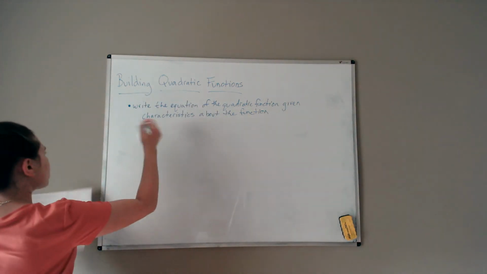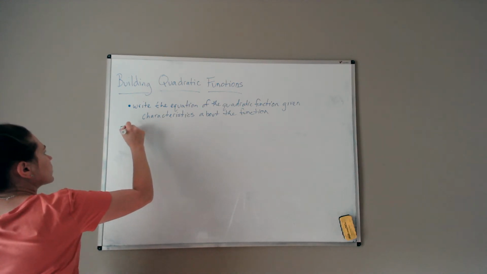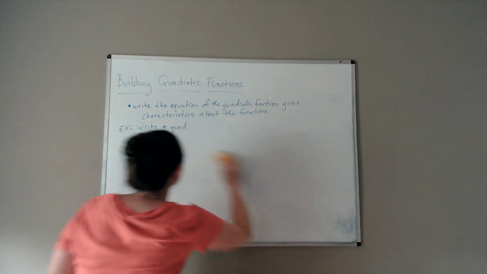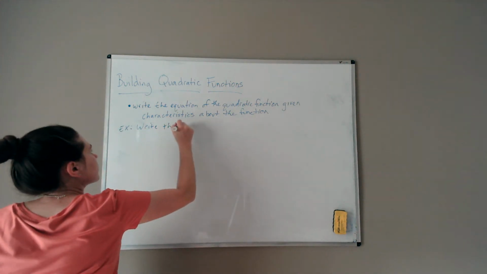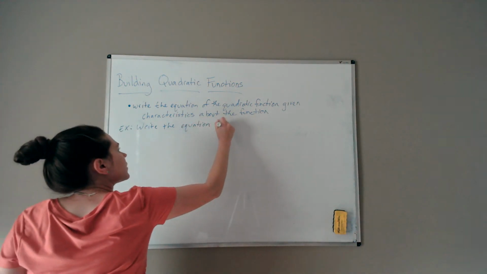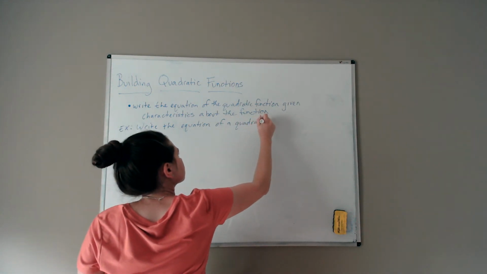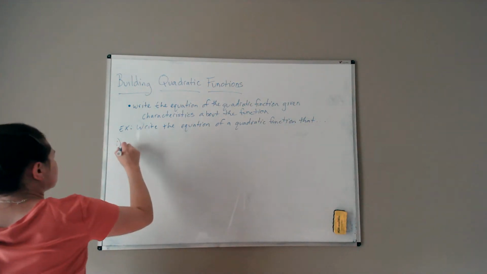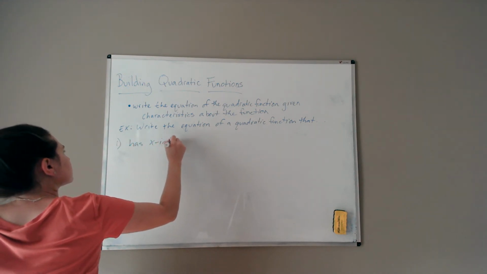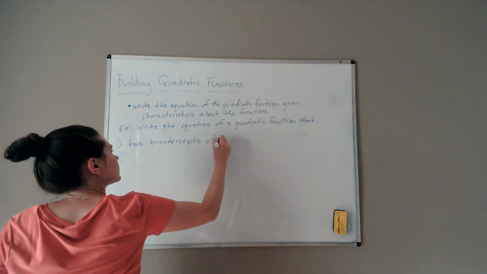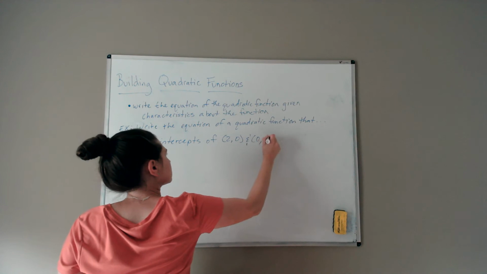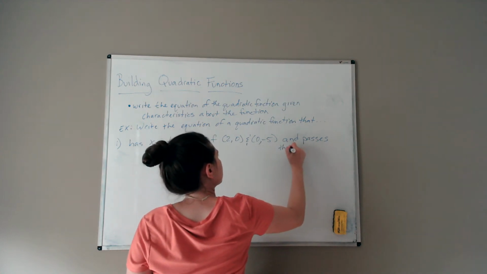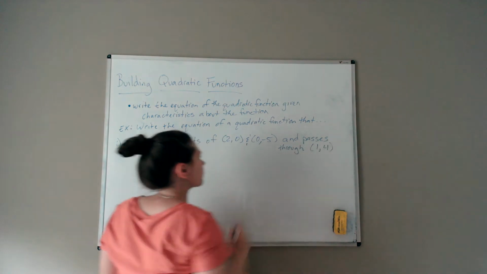Our directions for all three problems we do are going to be: write the equation of a quadratic function that, number one, has x-intercepts that are given and passes through (1, 4).